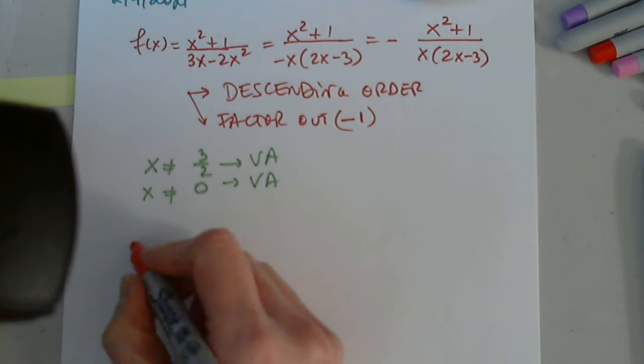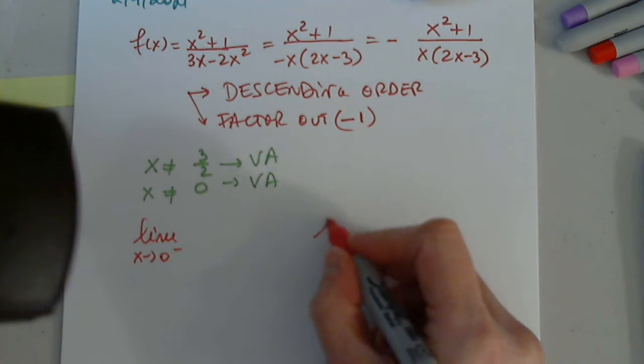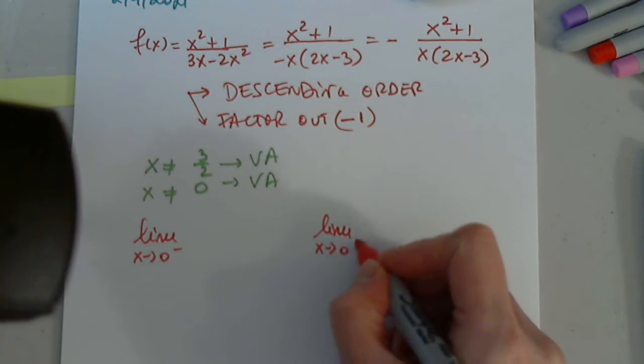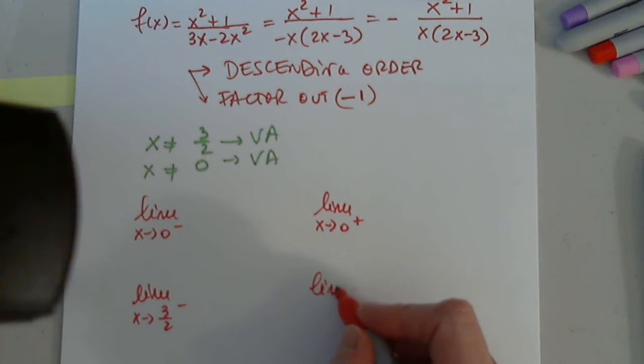At this point, we have to find the limit as x approaches 0 from the left, limit as x approaches 0 from the right, limit as x approaches 3 over 2 from the left, and limit as x approaches 3 over 2 from the right.